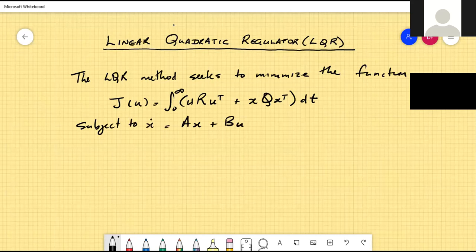All right, so this is the statement of what the linear quadratic regulator is supposed to do.